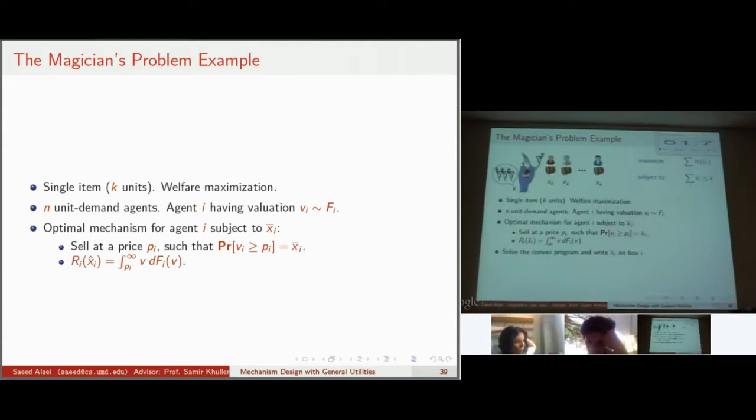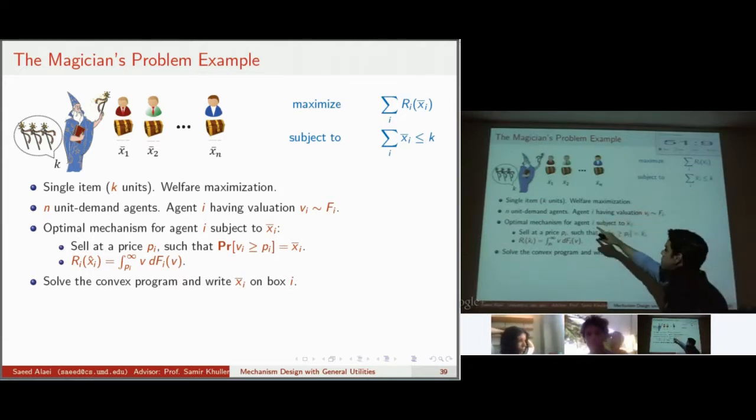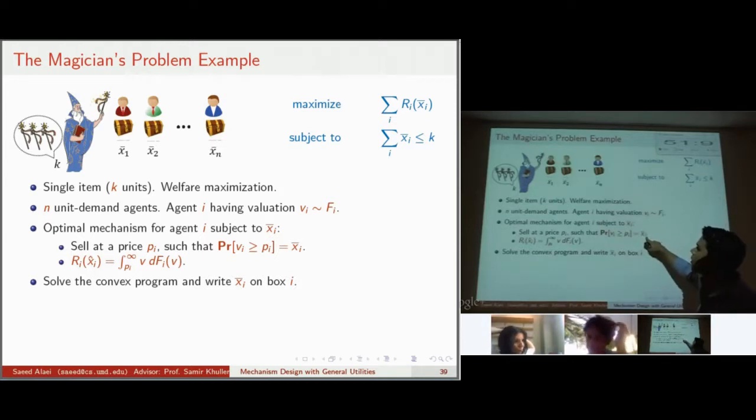So here is how we use this. We solve basically that convex program, and then we create a box for each agent, and on the box for agent i we write this x bar i, and we present those boxes to the magician. If the magician opens the box, then we offer the item to the corresponding agent at price p_i.